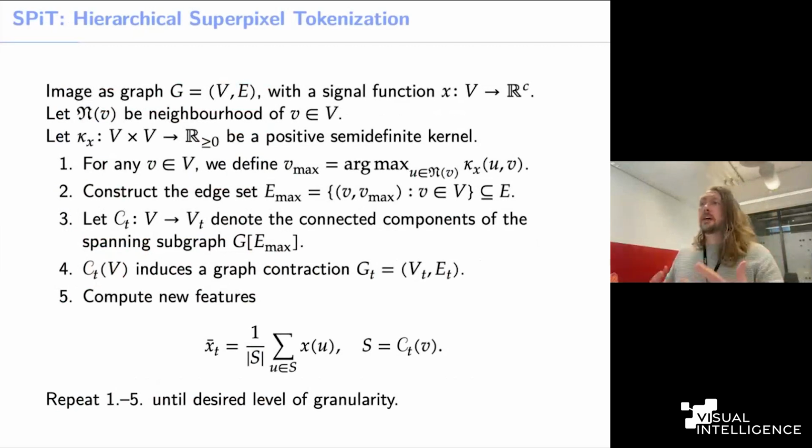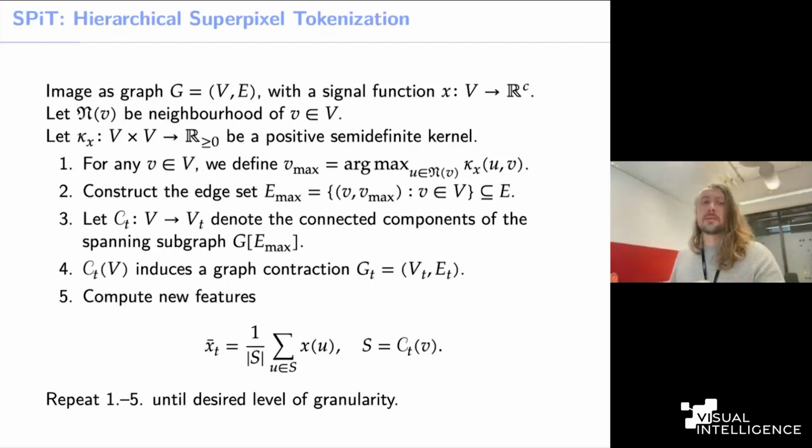To introduce what we're doing in SPiT, the superpixel transformer that we propose, we consider the image as a graph, and we have a signal function for each of the vertices in the graph. And this graph has horizontal and vertical edges.